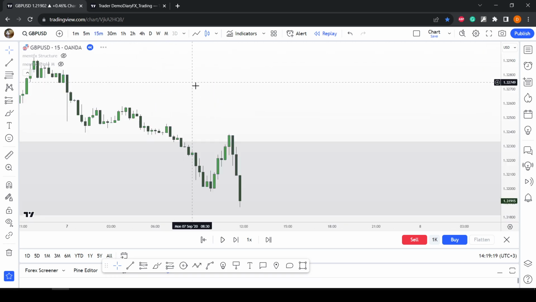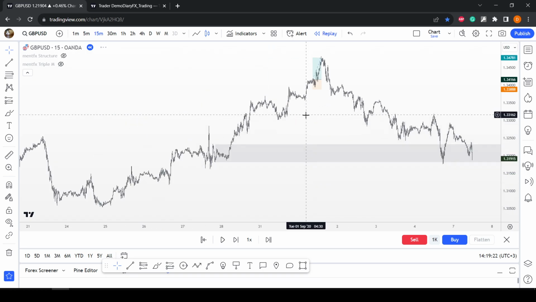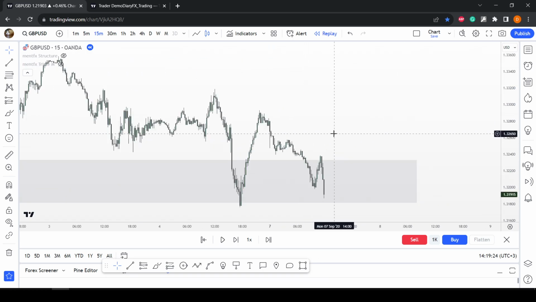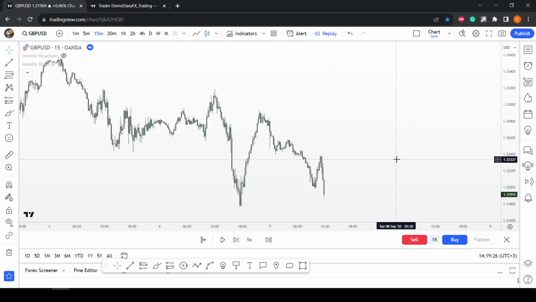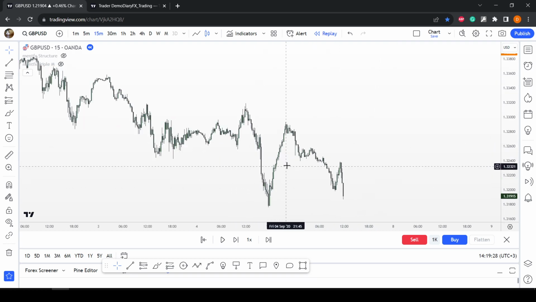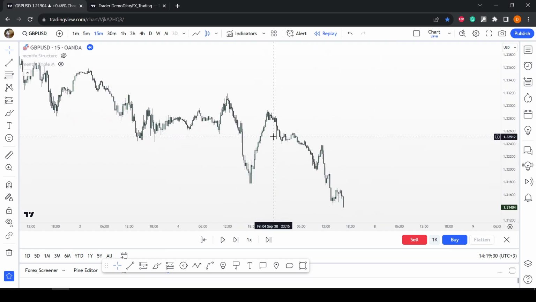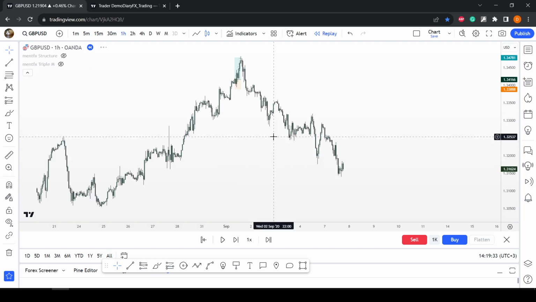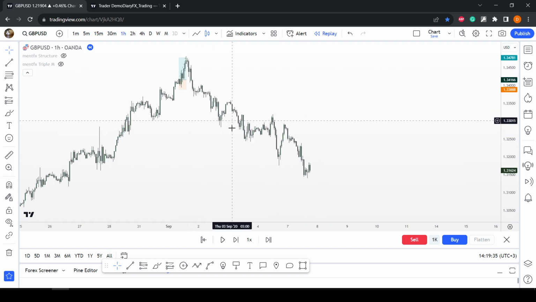So what we can do is expect some bearishness to continue, and on 1 hour we have some established movement here.